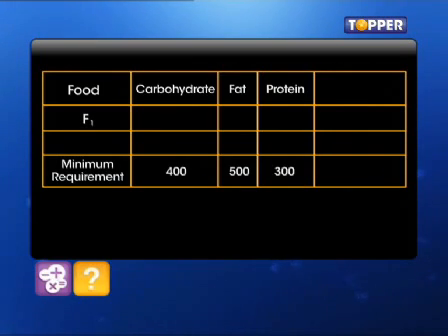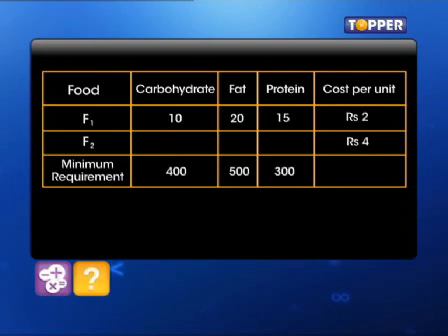F1, which costs rupees 2 per unit, and F2, which costs rupees 4 per unit. 1 unit of food F1 contains 10 units of carbohydrates, 20 units of fat, and 15 units of protein. 1 unit of food F2 contains 25 units of carbohydrates, 10 units of fat, and 20 units of protein.